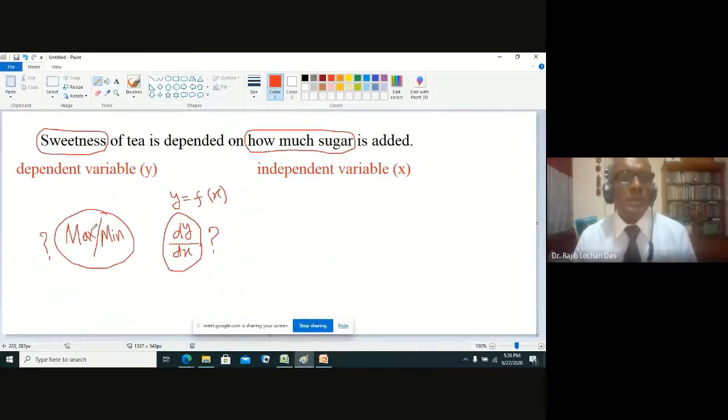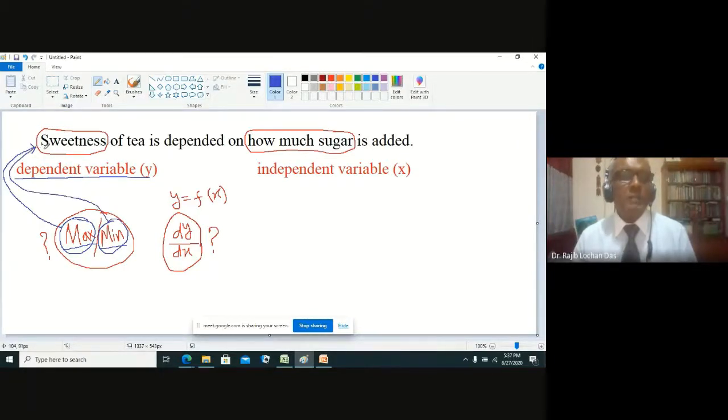So maxima minima is actually all about the function, that means the dependent variable, in this case the sweetness. In one example you can find only maxima, which may be possible, so that will be the maximum sweetness of tea. If you find only minima, the same thing, minimum sweetness of tea.